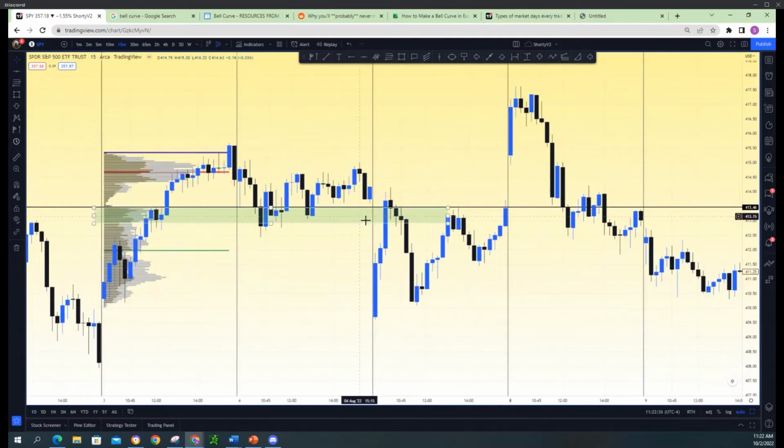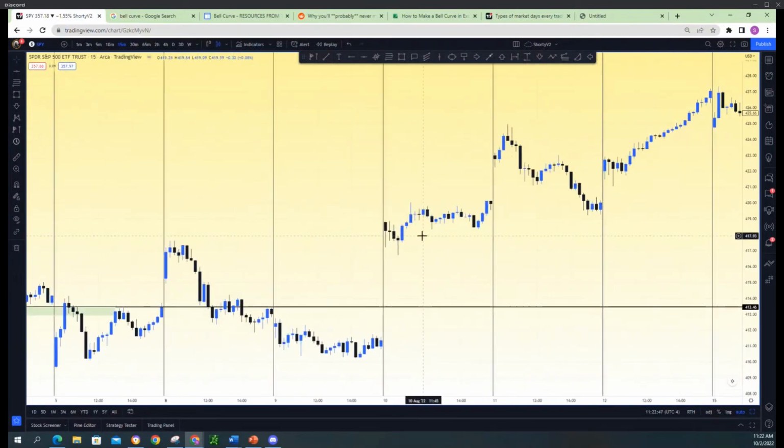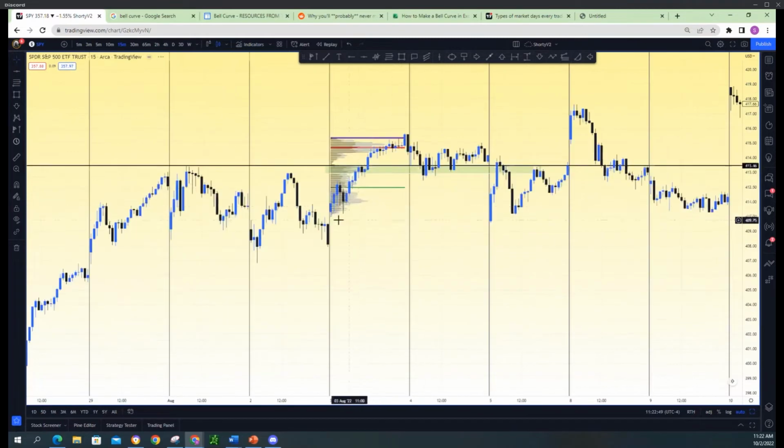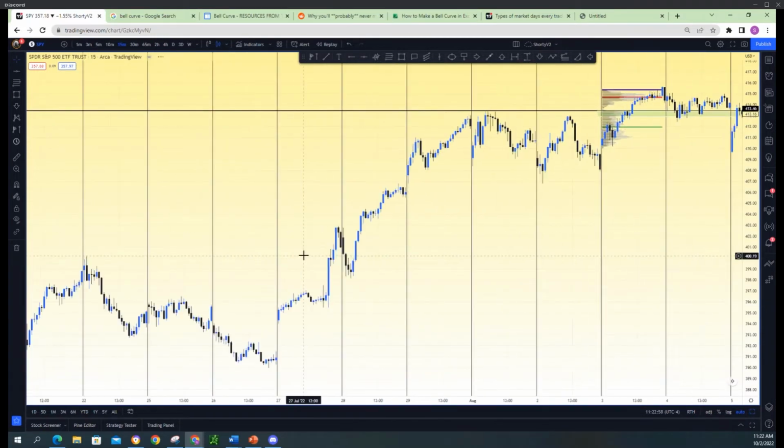Then you popped again, you gapped over it, which is telling you we're getting a little weaker. Then they bounced again, very close to it here, and then the fight over it. Look how many times they gapped over this level just from the one P-shaped profile that we identified. And you can play the high volume node retest pretty much all the time when you're in an up market.